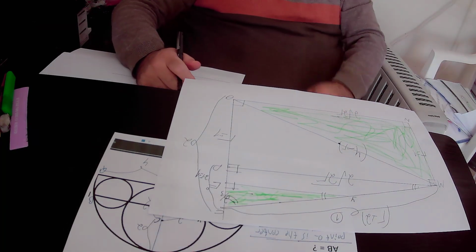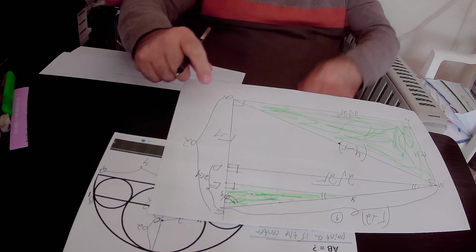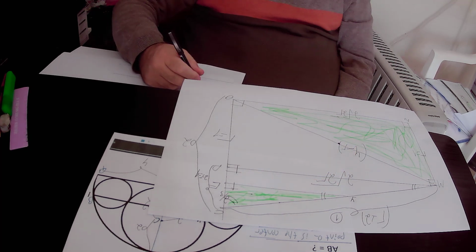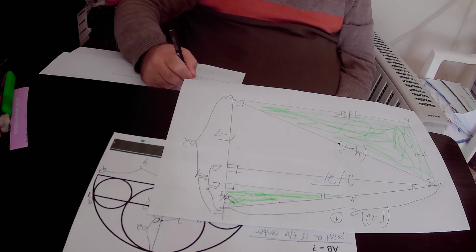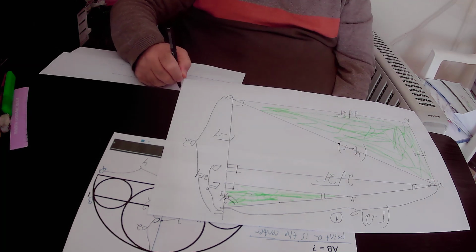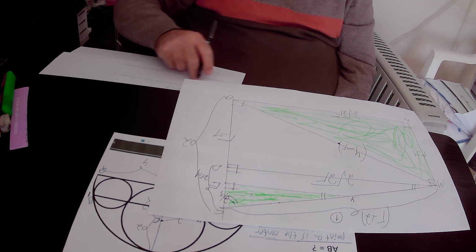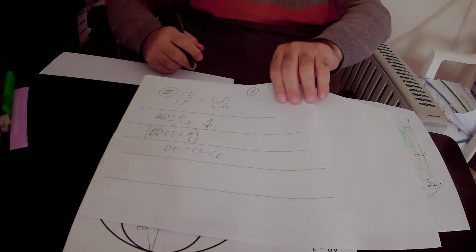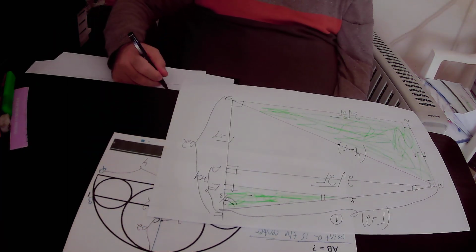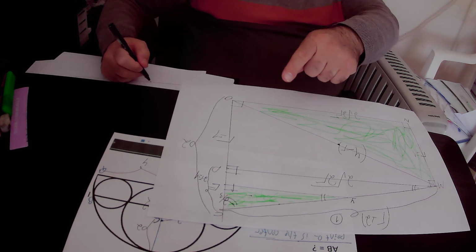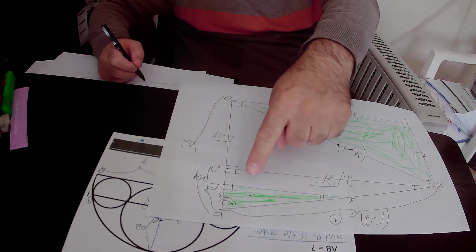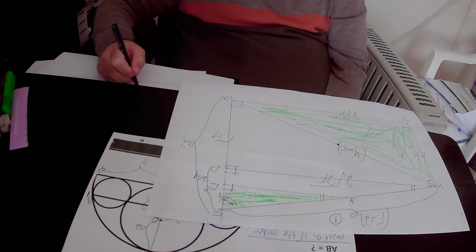And what is the value of DE? You can see from the drawing that DE equals CD minus CE. That is to say, DE equals CD, that is 1 unit, minus CE, that is 2 over 3 units.